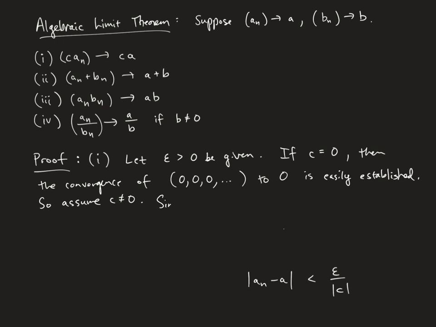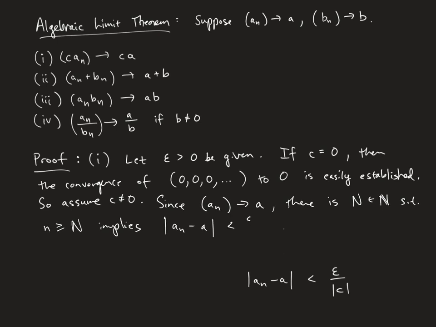So since AN converges to A, there is an n in the natural numbers such that little n bigger than or equal to big N implies that the distance between AN and A is less than epsilon over the absolute value of C. All right, C could be negative, so we've got to account for that with the absolute value. Need to include the absolute value, that's important.